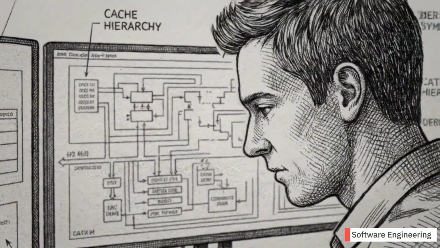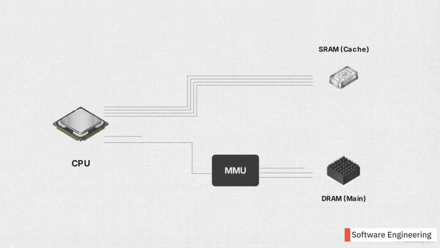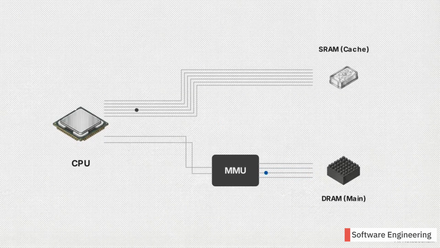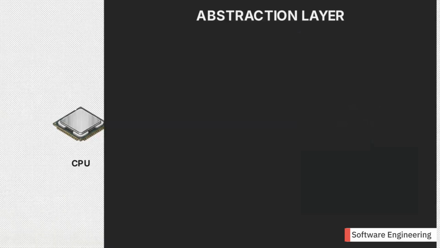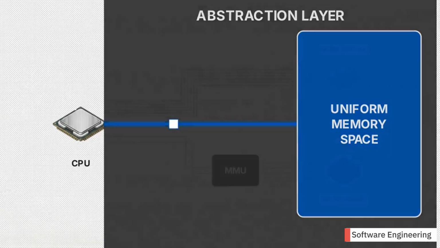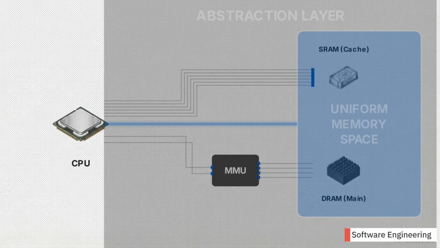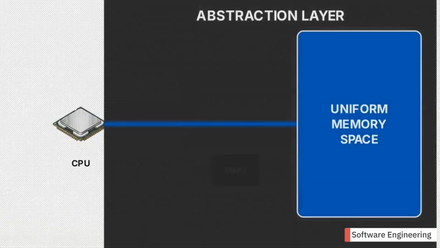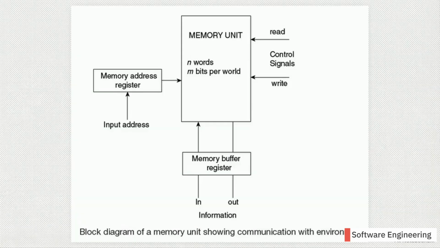Before diving into the physical circuits, we need to establish how the CPU interacts with memory conceptually. Despite the physical differences between cache and main memory, the CPU interfaces with them using a strictly uniform abstraction layer. This block diagram illustrates the communication flow of a typical memory unit.